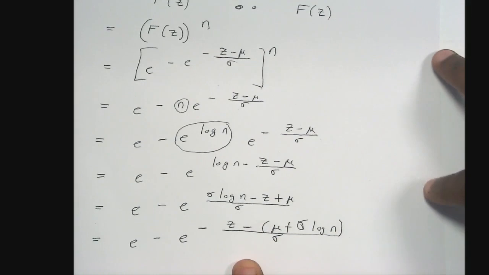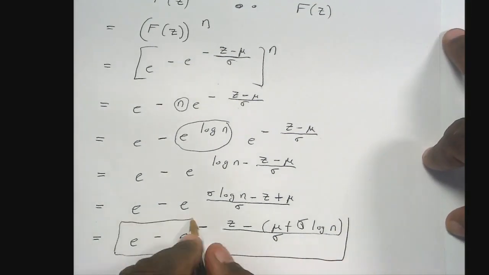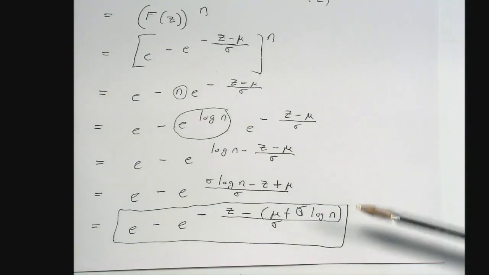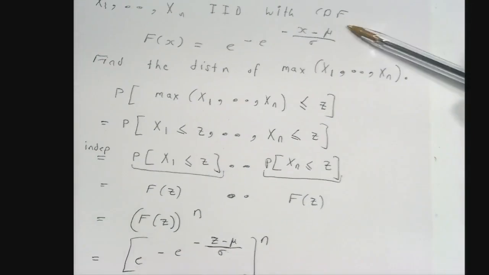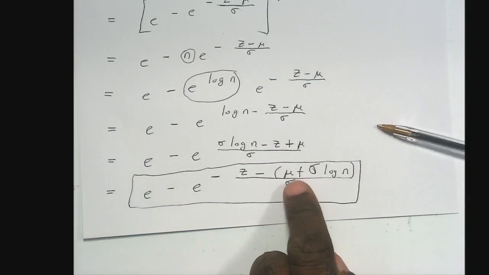Right, so this is the final form I'm getting. Now, if you compare this, the only difference between this one and the one that we started off with is that in place of mu, we have mu plus sigma log n.